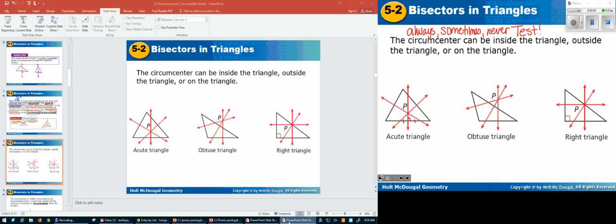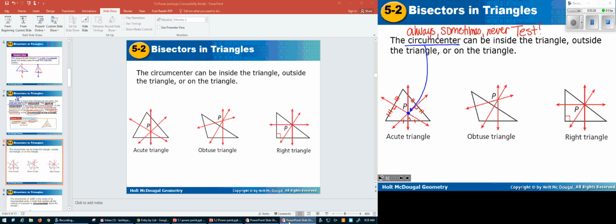This line should be perpendicular and bisecting this side. And then the third one should be perpendicular and bisecting the third side. So on every side, those lines, when they go through the side, should be perpendicular and bisecting. So one more time, what do we call this point P? The circumcenter.